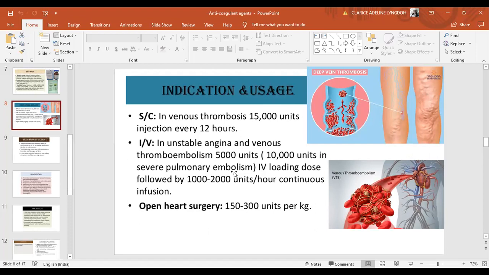Therefore, the left side of the heart will not get oxygenated blood properly, and eventually the body also will not get oxygenated blood according to its demand.